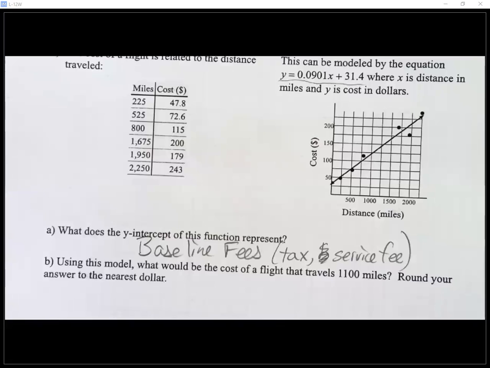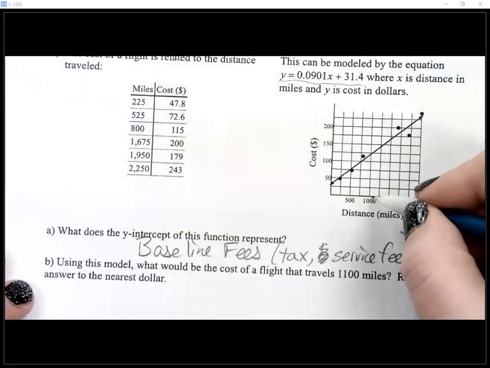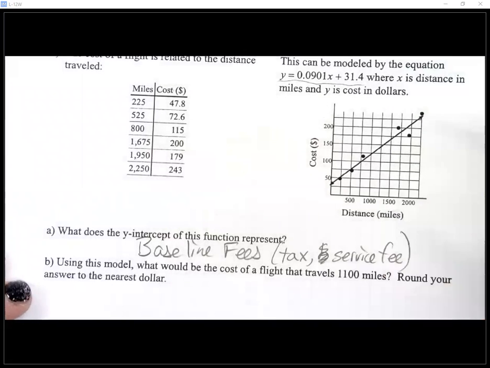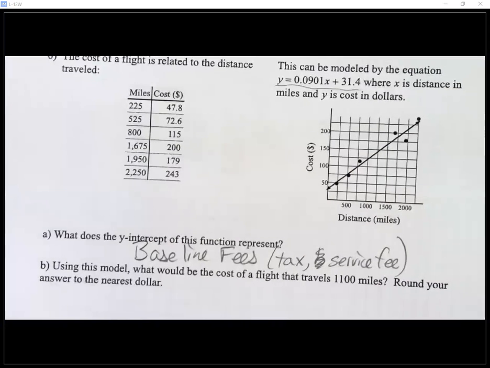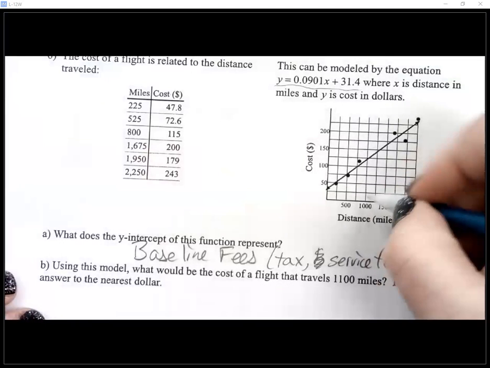All right. Anyway, using this model, what would be the cost of a flight that travels 1,100 miles? Round your answer to the nearest dollar. So we can kind of guess it from the graph, or you could take 1,100 and plug it directly into your formula for X, right? I'll actually do both because I want to see how accurate of a guess I get from my graph.